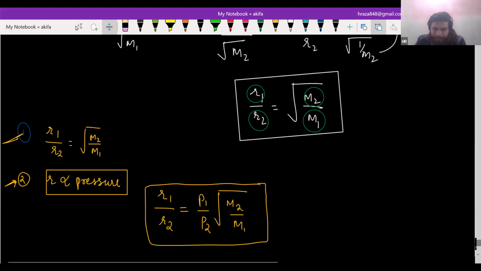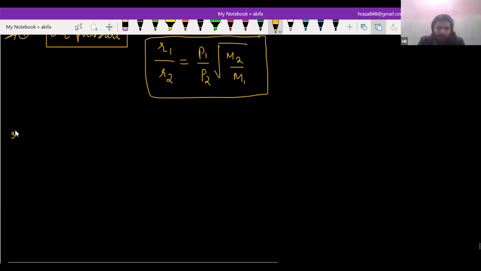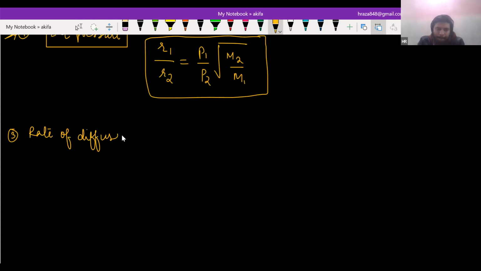Another form of Graham's law of diffusion is the rate of diffusion of gas in terms of volume.